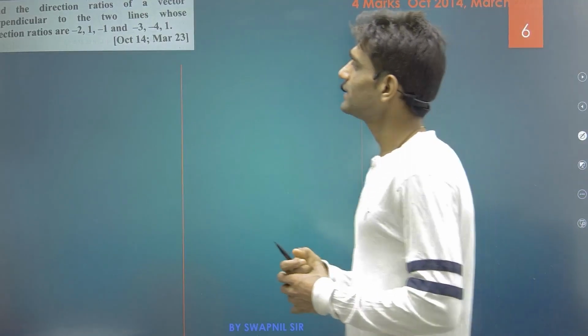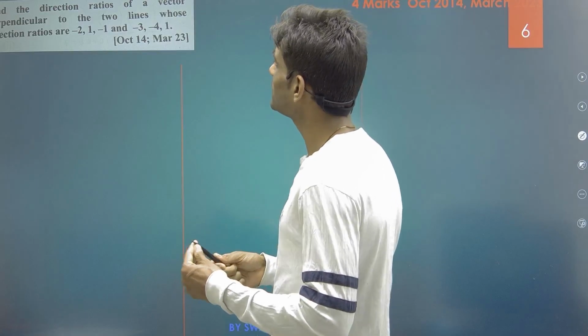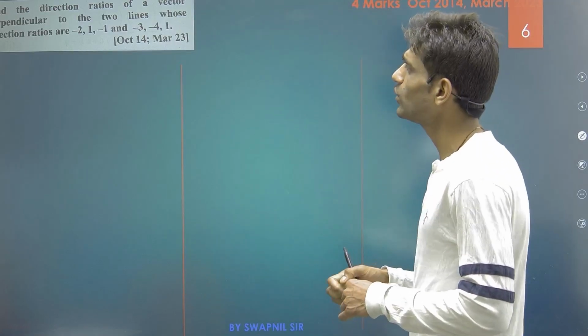In our next example, we are given: find the direction ratios of the vector perpendicular to the two lines.